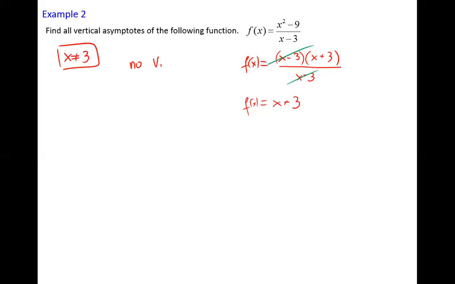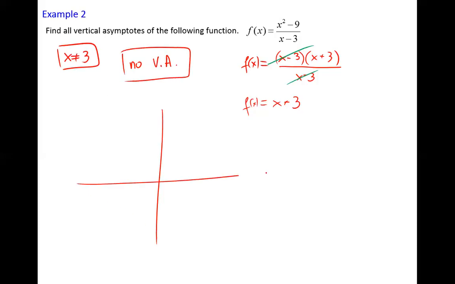No vertical asymptotes. And what is the graph of the function? We can also draw it. I did reduce the function to the linear function x plus 3. Function x plus 3 looks like that. Y-intercept 3, x-intercept negative 3. But what is important, this is still not the correct graph. This line is not defined at 3.